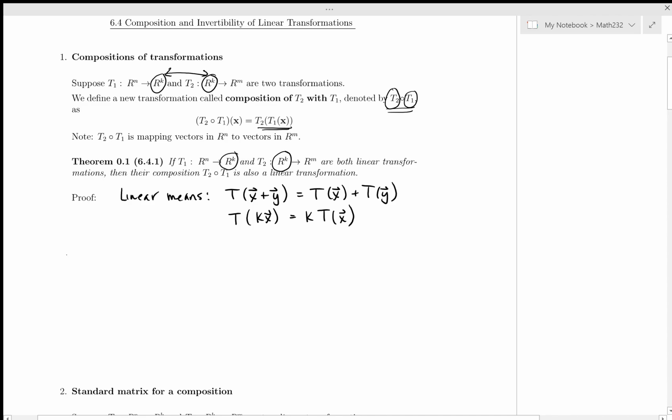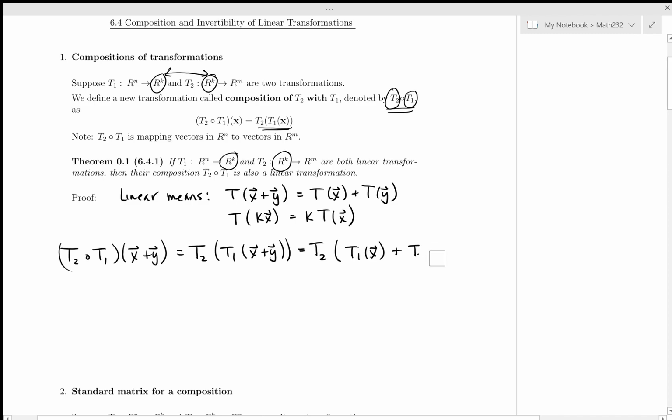So we're going to do it this way. We're taking a look at T2 of T1 of the vector x plus y. That is T2 of T1 of x plus y. And that is equal to T2 of T1 of x plus T1 of y. That is based on the linearity of T1, because T1 and T2 are both linear.